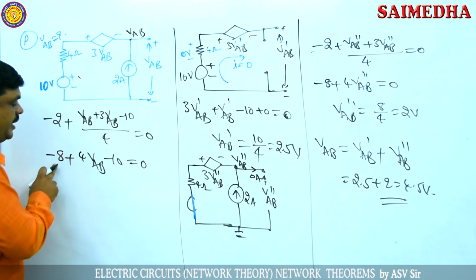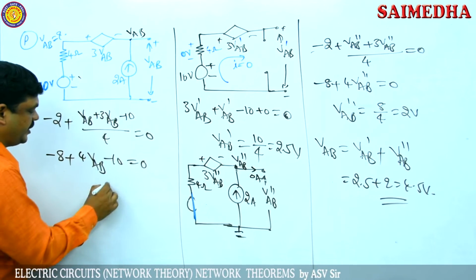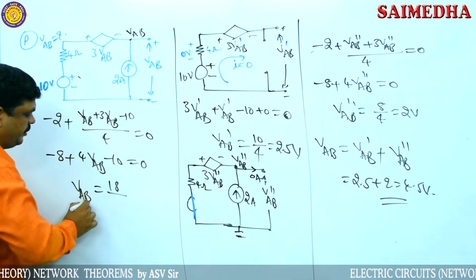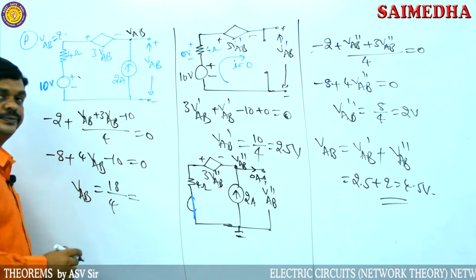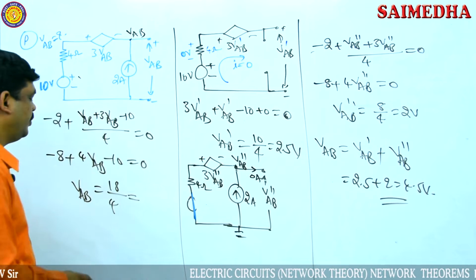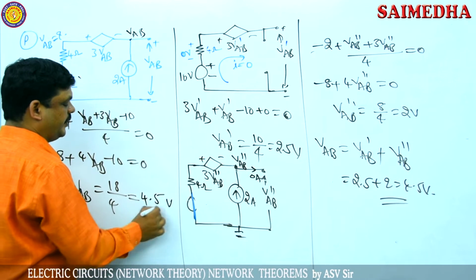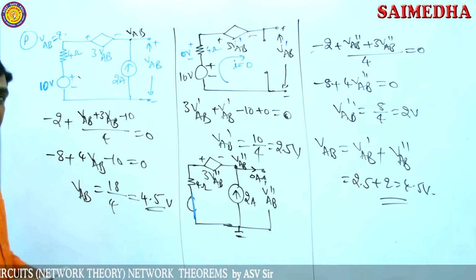So minus 10 and minus 8, 18. So this becomes 18 by 4 VAB. So 18 by 4 is 4.5. So finally the answer is 4.5 volts.